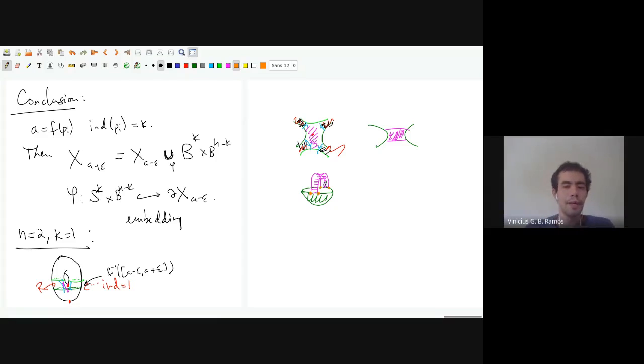But if you smoothen the corners, that means you just change the smooth structure at the corners so that these are now like a smooth part of the boundary, then you actually have something like this, which is exactly diffeomorphic to this surface. Okay? So does everybody see this? This is kind of something you really have to see.